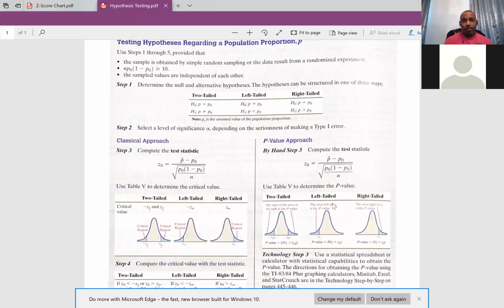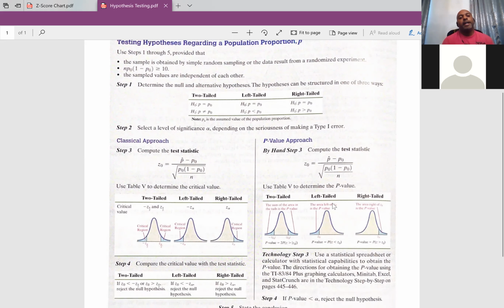Is the sample obtained by random sampling? That's something that's going to be stated in your problem. So remember, you didn't have to gather the samples. Then also this right here is the part that you would calculate. You'll take your sample size, which is n, multiply it times your population proportion, and then 1 minus that population proportion.